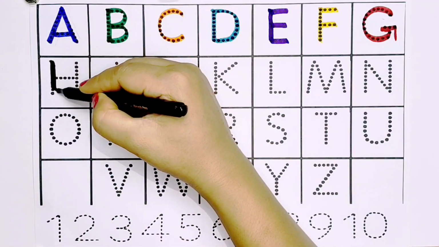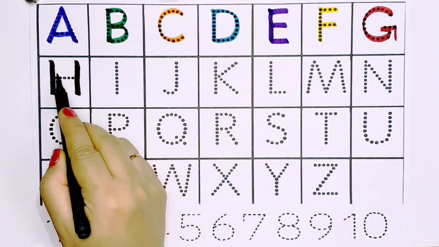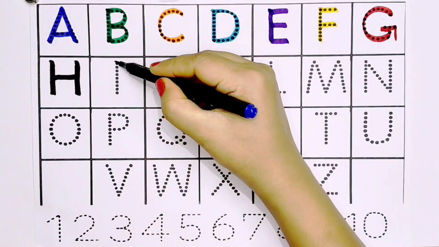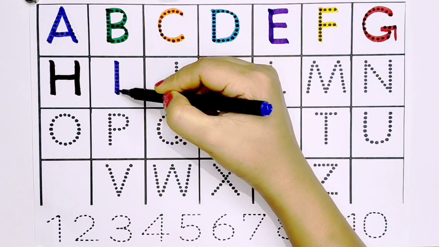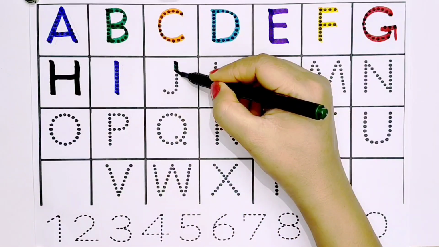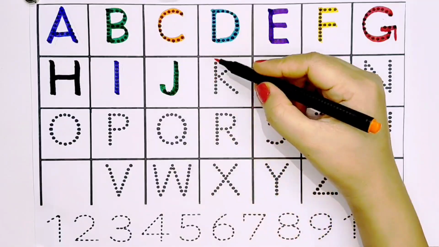Black color. H. H for hand. Blue color. I. I for island. Dark green color. J. J for jug.